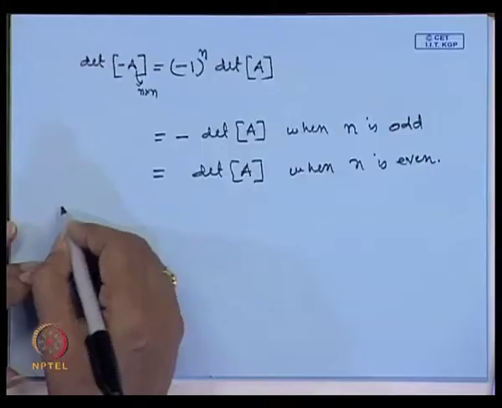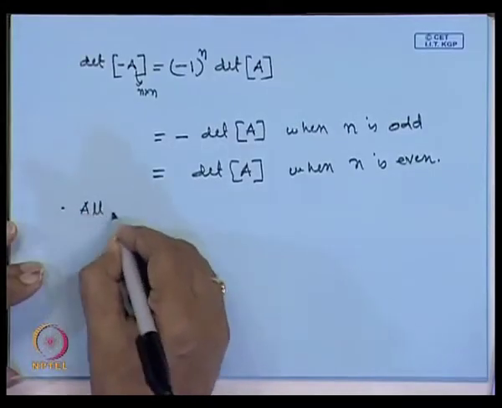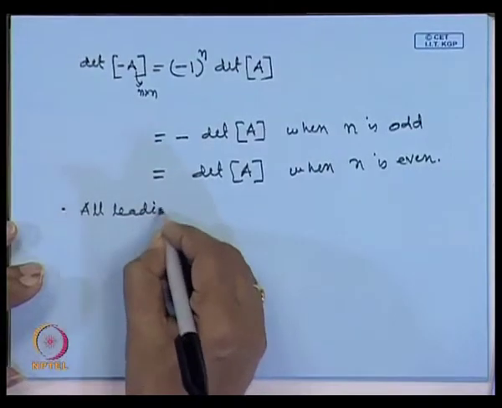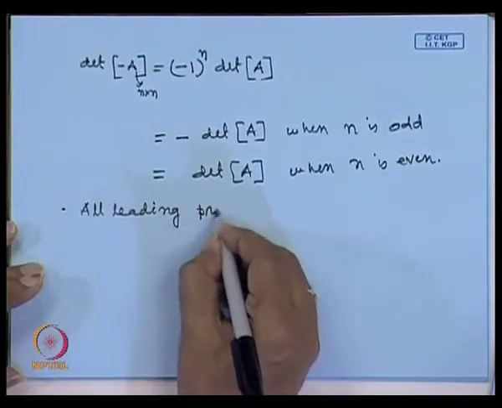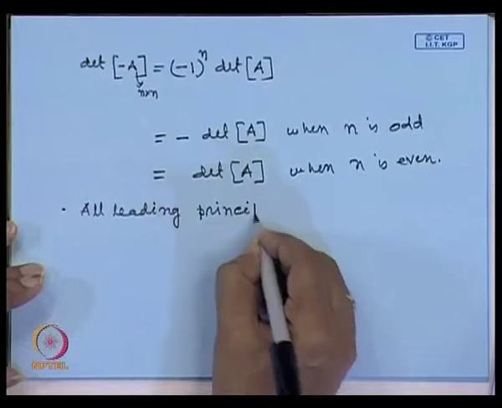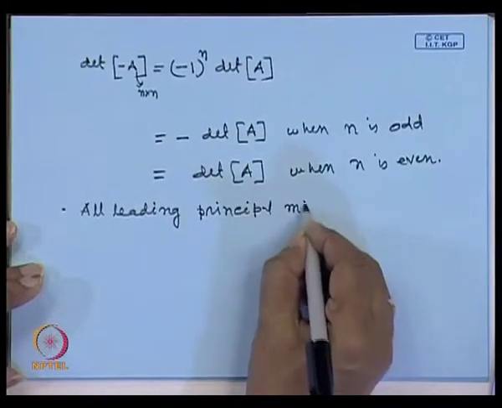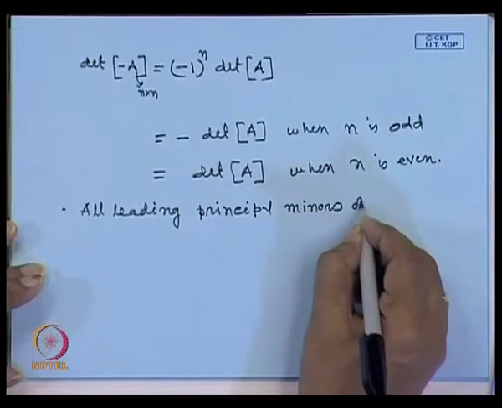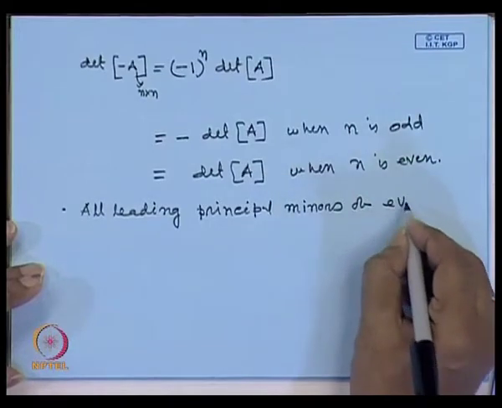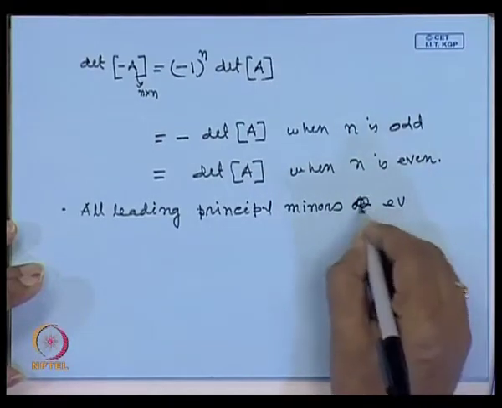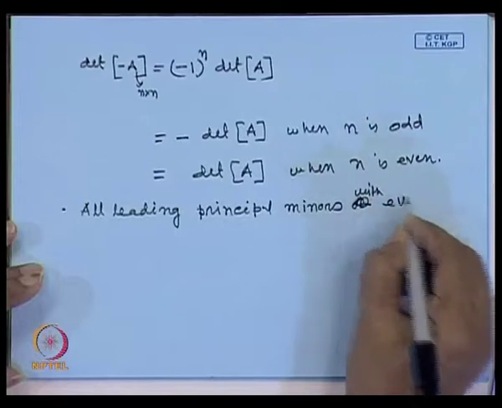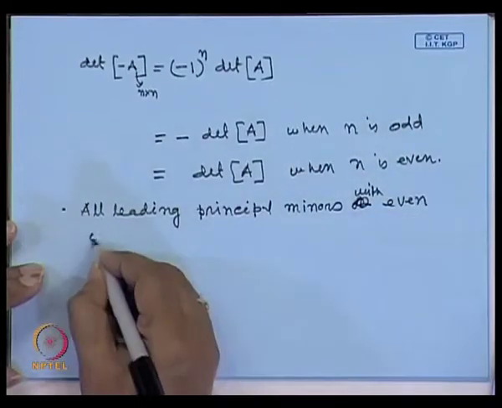First, all leading principal minors with even order are positive.